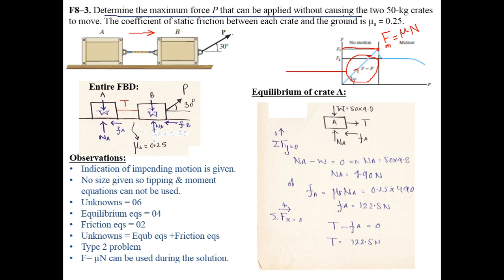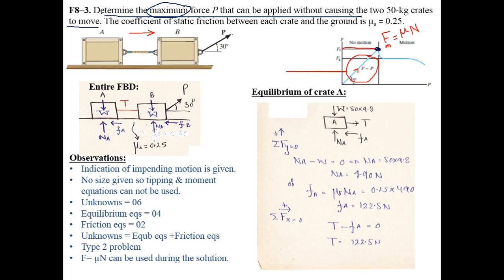The problem says to find the value of P which can be applied to this system without causing the two blocks to move simultaneously, and that maximum value of force P can only happen at this point. And then it was decided that this point is the point of impending motion.